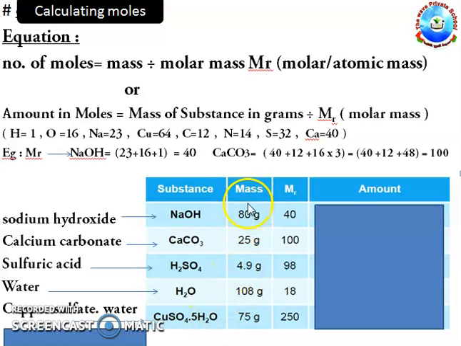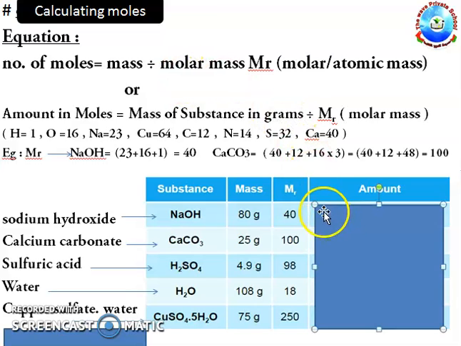Now let us check the first numerical. Mass is 80 gram and molar mass is 40. Apply in this equation. Mass is 80, divided by the molar mass, that is 40. So what will be your answer?